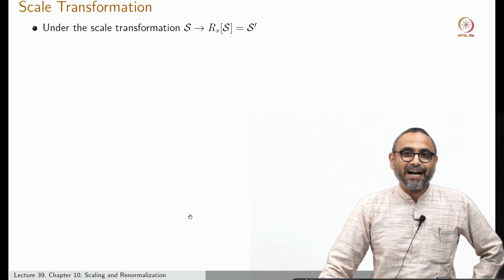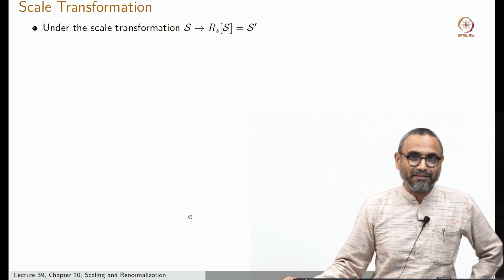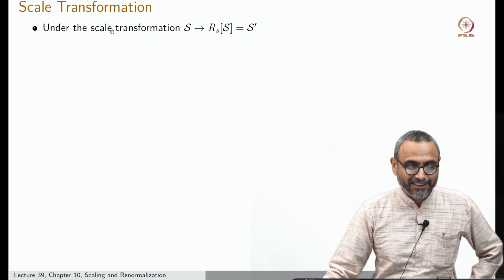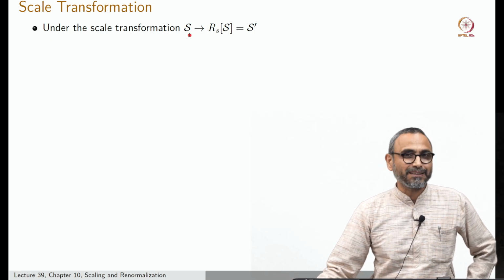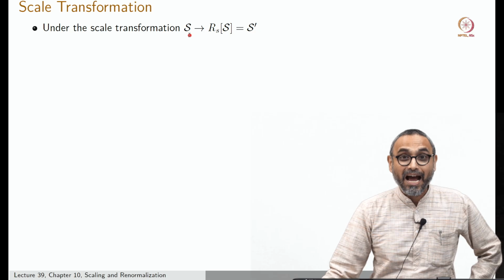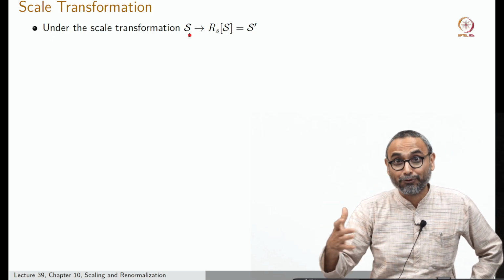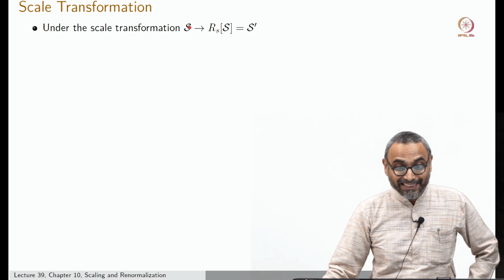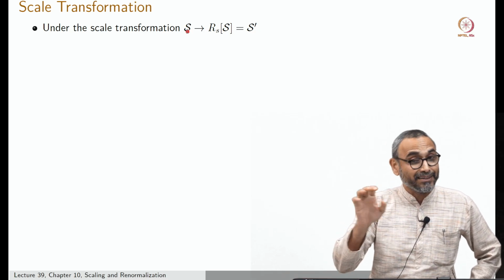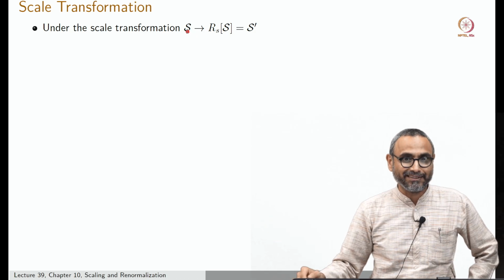Now we introduced two slides back that under the action of the scale transformation, S will become some new action. How can I understand this idea from the perspective of the space of theories? S in the space of theories is some point described by some set of values of coefficients.